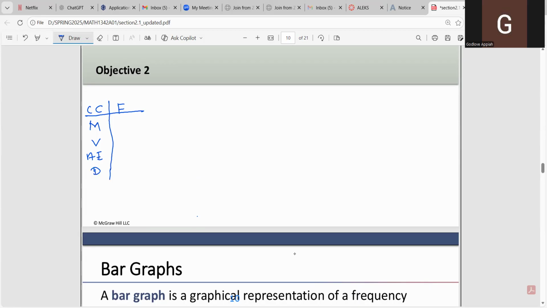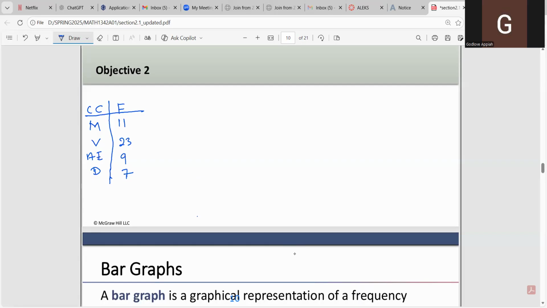The frequency for MasterCard, we got that to be 11. For Visa, we got 23. For American Express, we got 9. And for Discover, we got 7. So this is the frequency distribution that we constructed earlier on about the credit card data set.